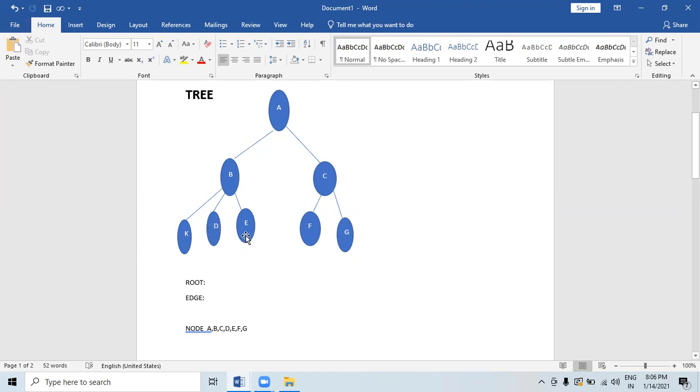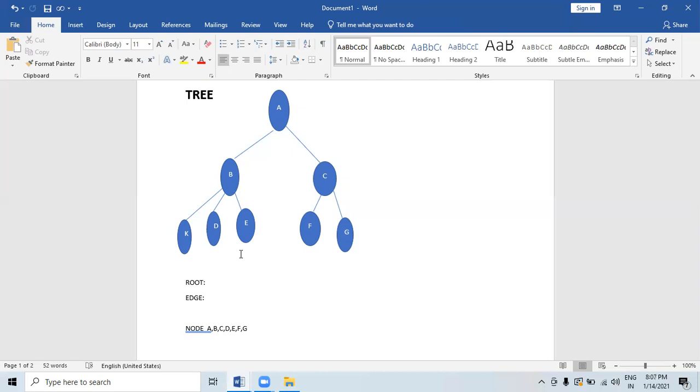E and F are not siblings because इनके parents same नहीं. But B and C are siblings because A is the parent of B and C. So children of the same parent are called siblings. In simple words, nodes with the same parent are also called sibling nodes.